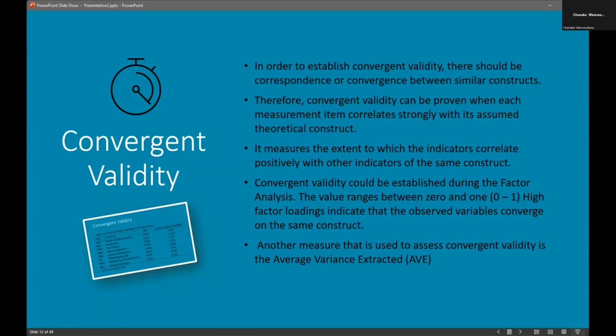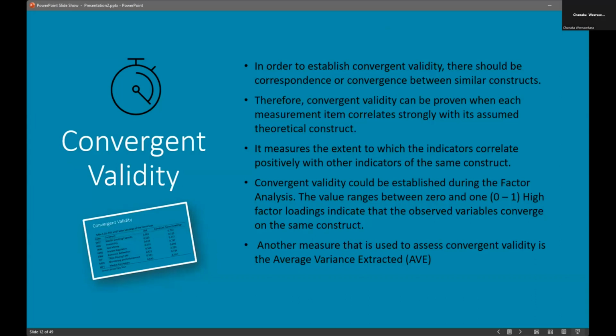That is called convergent, right? The convergent validity can be proven when each measurement item correlates strongly with each other. So we can measure the convergent validity by calculating something called average variance extracted, AVE.